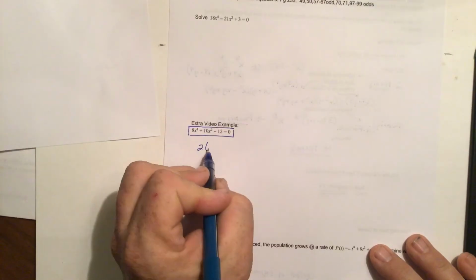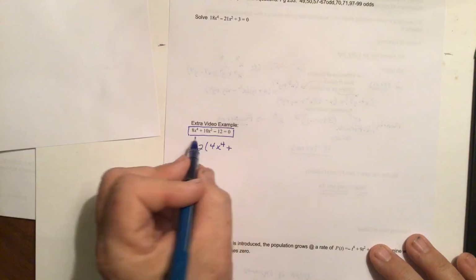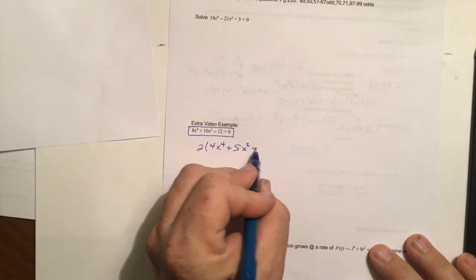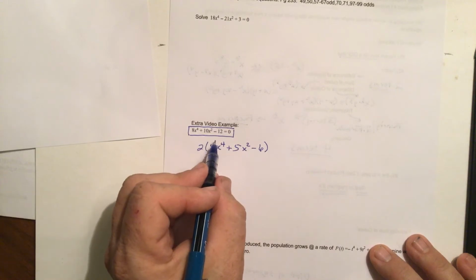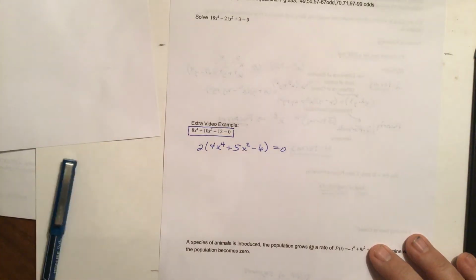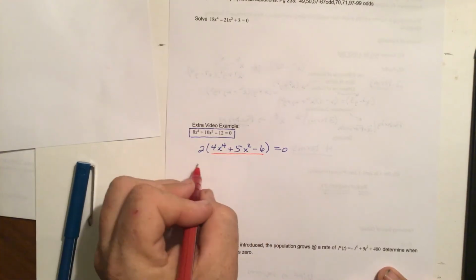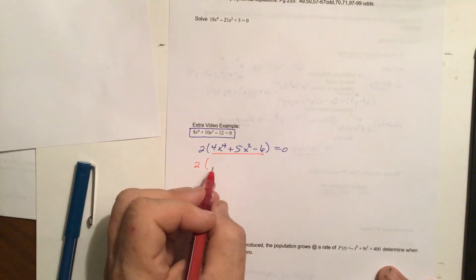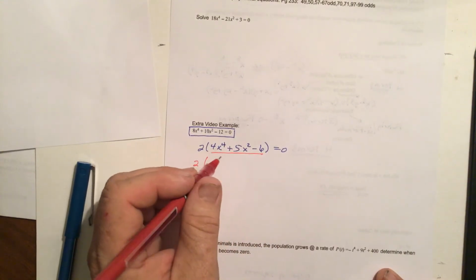Our first step is going to be the greatest common factor. So I'm going to take out a 2. So I'm going to get 4x to the 4th plus 5x squared minus 6, and that's going to be equal to 0. So I have 3 terms, so I can factor that. I'm going to do my A times C multiplies to make B model.